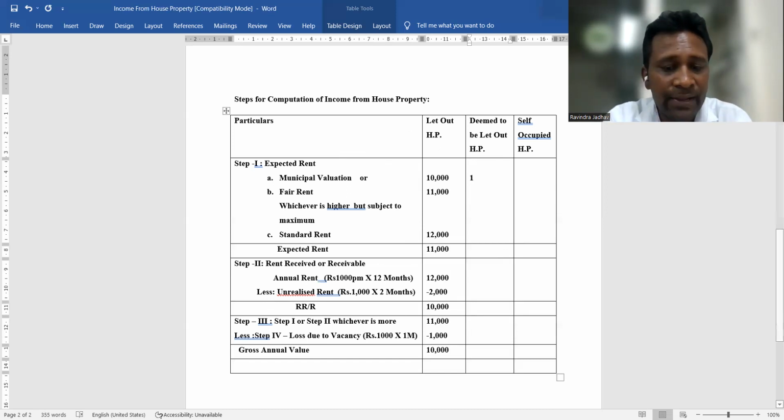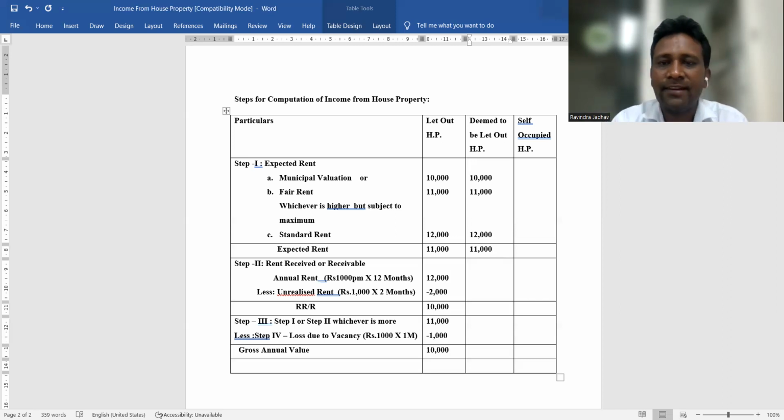First step is applicable. That is rupees 10,000, 11,000, 12,000. What is calculation? 11,000 is calculation. So other steps are not applicable.